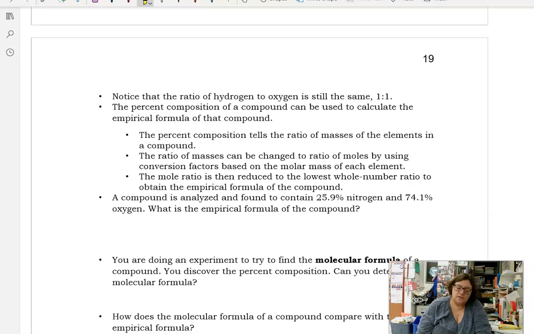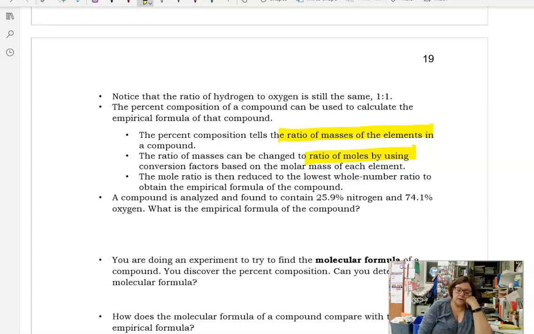The percent composition of a compound can be used to calculate the empirical formula. The percent composition tells the ratio of masses. The ratio of masses can be changed to ratio of moles by changing grams to moles, and then the mole ratio is reduced to the lowest whole number ratio.